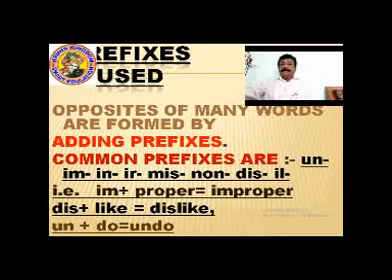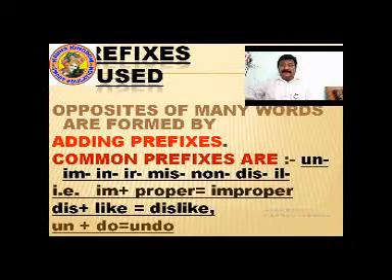We have spoken about affix and prefix. In prefix, it's a clear understanding where a group of letters are added before a word to form its opposites. We have seen the example of impossible.